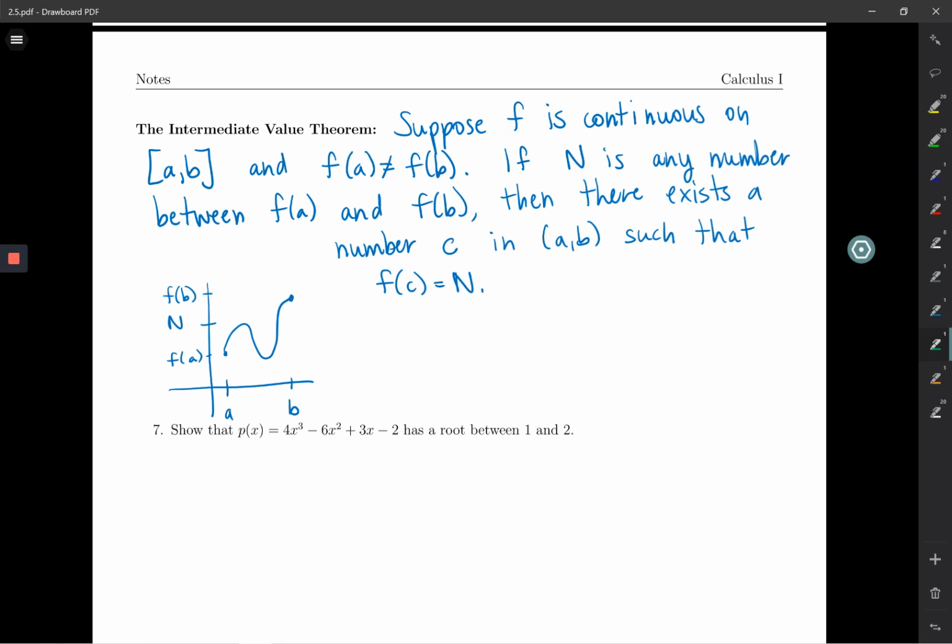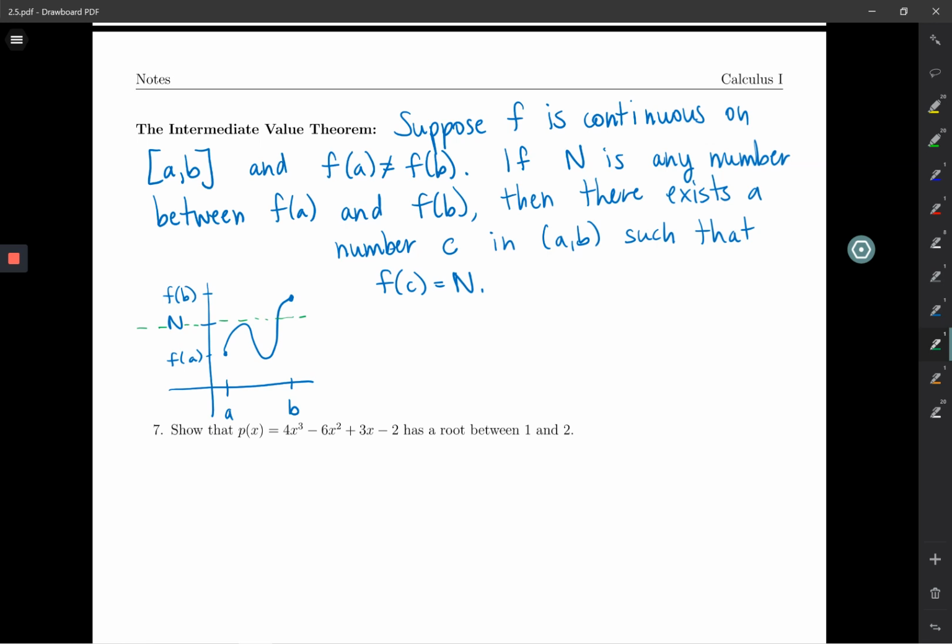So here I'm just going to draw a line through here. So you can see that if f is continuous and it has to go from f of a and somehow make it to f of b, it has to pass through this green dotted line. No matter how I drew f, no matter how crazy it looked, because it is continuous, at some point it's going to have to pass this line, right? And so that is basically what the intermediate value theorem is saying, right?